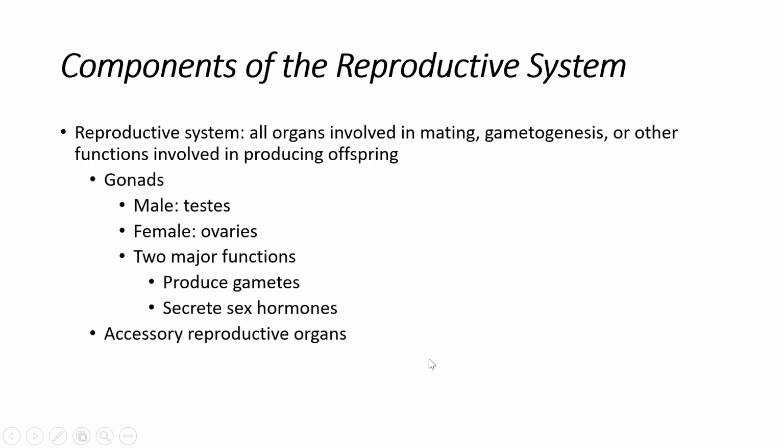And then we also have accessory reproductive organs. These are going to be things like the prostate glands, the mammary glands, the bulbourethral glands, the penis, the uterus, all that. Those are accessory reproductive organs that are kind of helping the gonads to achieve their role in offspring production or reproduction.